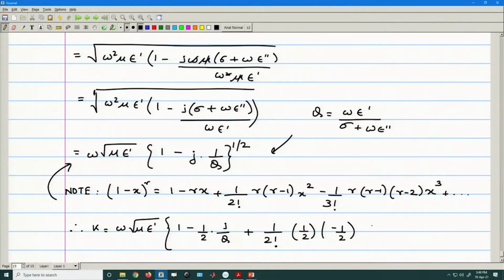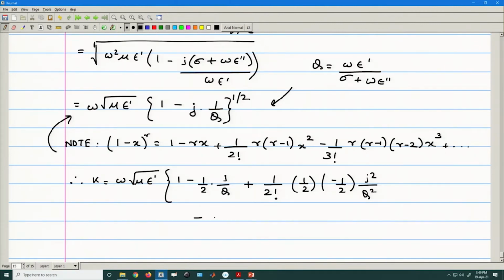So, x is j by Q, so x square will be j square by Q square. Then minus 1 by 3 factorial, r is again half, r minus 1 is minus half, r minus 2 is half minus 2, that is minus 3 by 2, and x cube. So, x is j by Q, so in place of x cube we will write j cube upon Q cube, plus this.